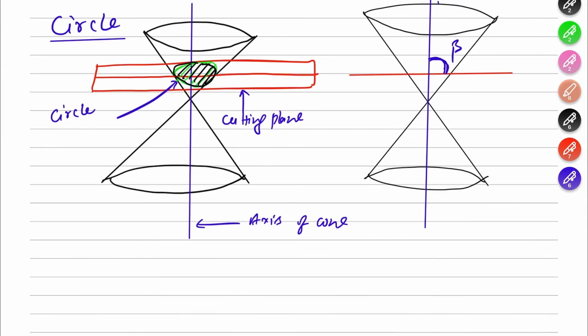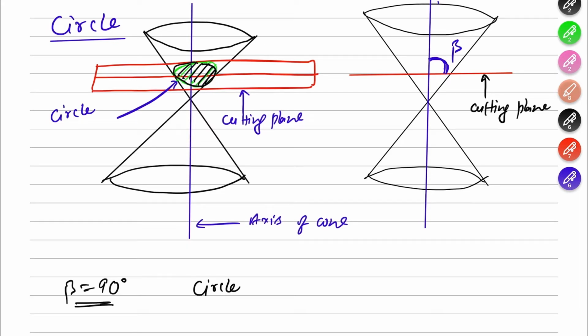In this case, we observe that whenever beta is equal to 90 degrees, that is, whenever this cutting plane is perpendicular to the axis of a cone, that gives rise to a circle.